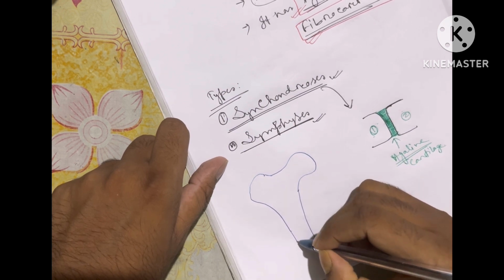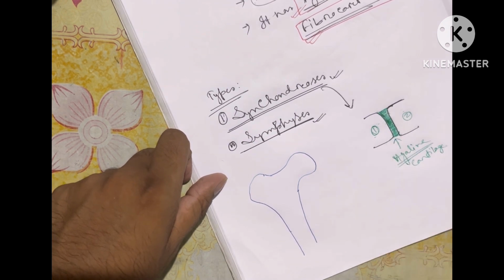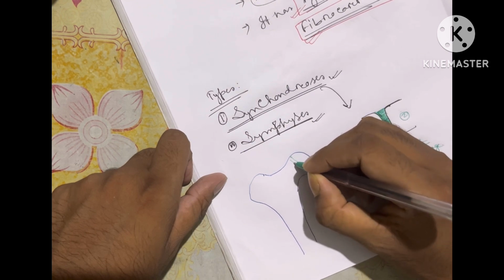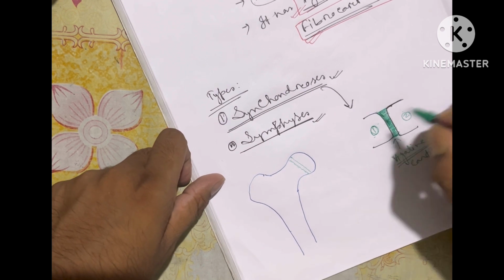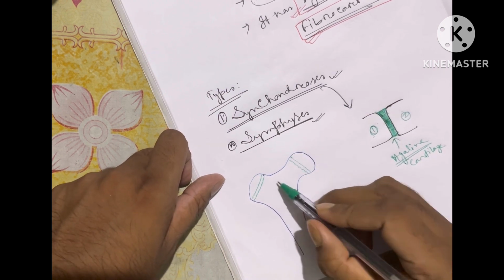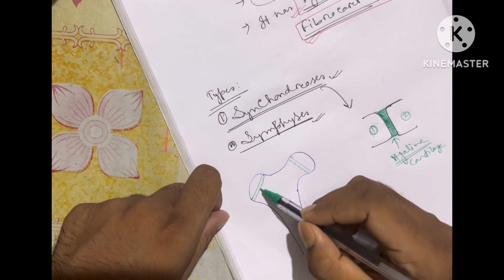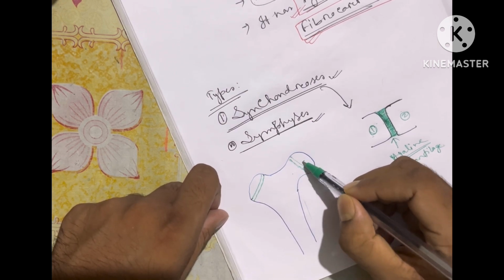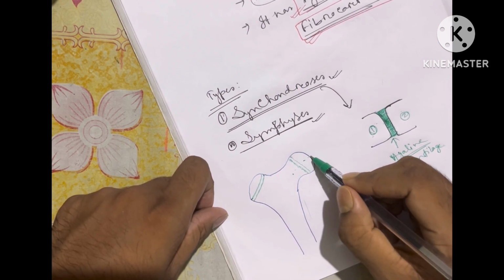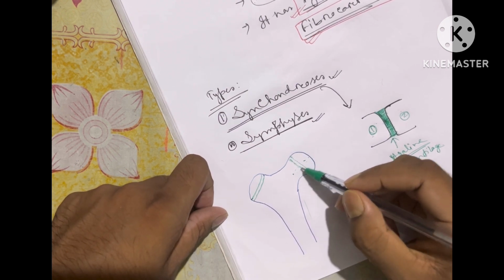So for example, this is the femur. In this femur we have a seal which is called the epiphyseal seal. Here also there is a space. Though the femur is a compact bone, in a newborn baby or young adults, their epiphysis and diaphysis are not directly connected with hard bone. As the age increases, this epiphyseal gap is occupied by solid bone.